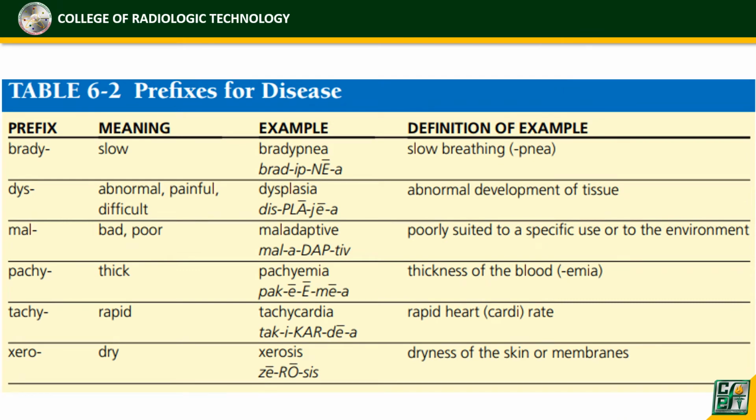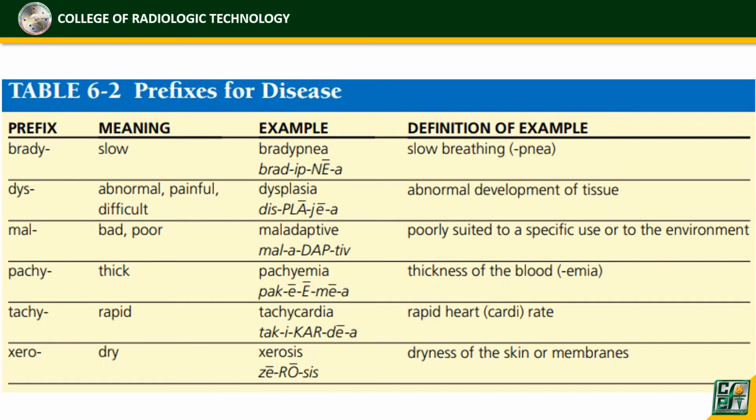Okay, prefixes of diseases. For diseases, we have brady, meaning slow. Okay, so the example is bradypnea, meaning slow breathing. Then we have dis, which means abnormal, painful, difficult, dysplasia, abnormal development of tissue. Then we have mal, prefix mal meaning bad or poor, maladaptive or poorly suited to a specific use or to the environment.